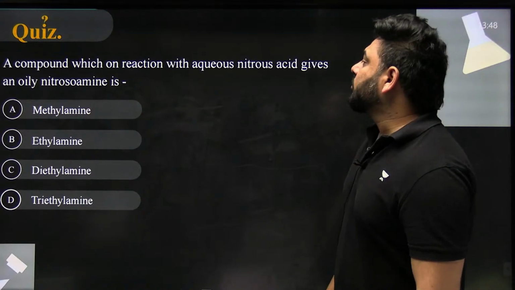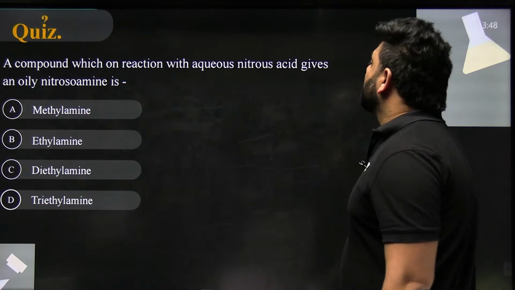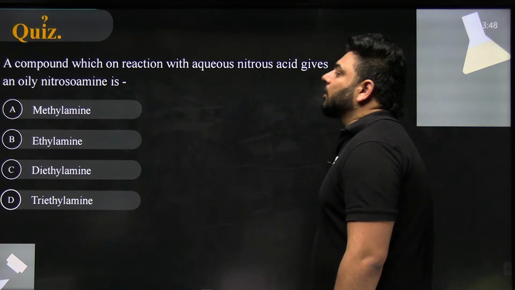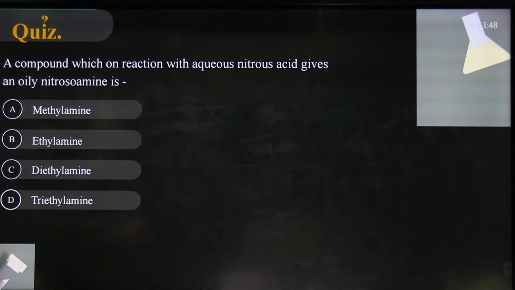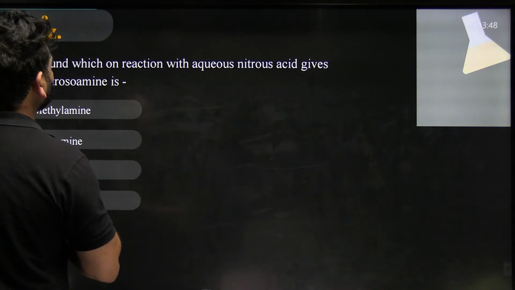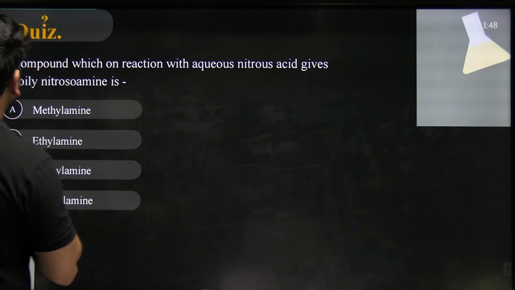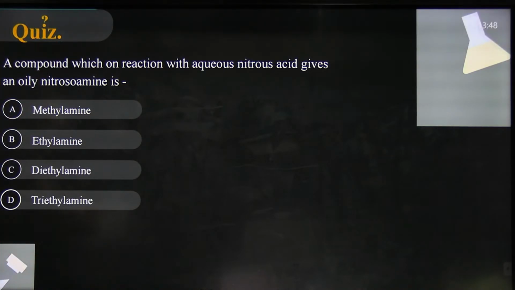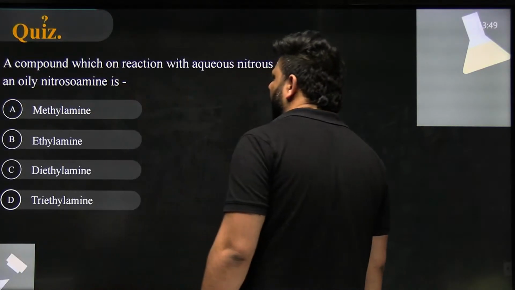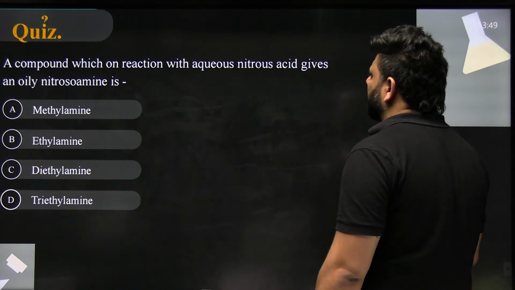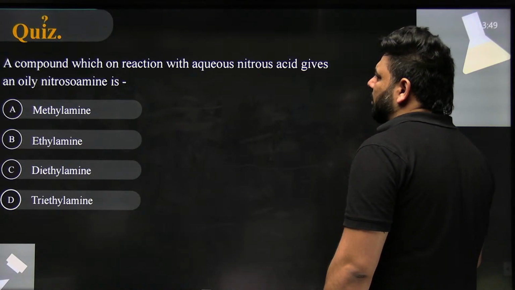A compound which on reaction with aqueous nitrous acid gives oily nitrosoamine. Is it only primary amine that gives this answer, right? No. With aqueous nitrous acid it gives an oily nitrosoamine.